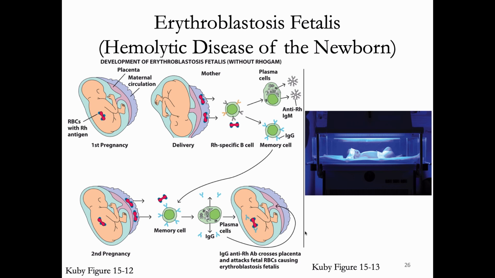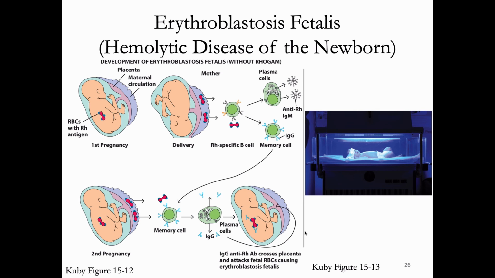So here, mom is RH minus, but baby is RH plus, and so baby has red blood cells that contain the RH antigen. There's maybe a teensy bit of those antigens being in contact with maternal circulation, not necessarily a ton, but at delivery, we do see some mixing of baby's blood and mom's blood.